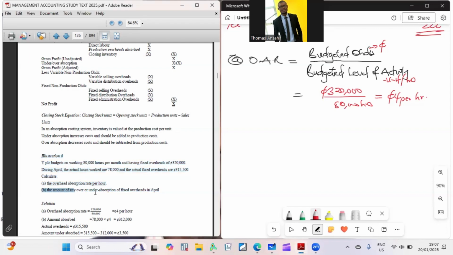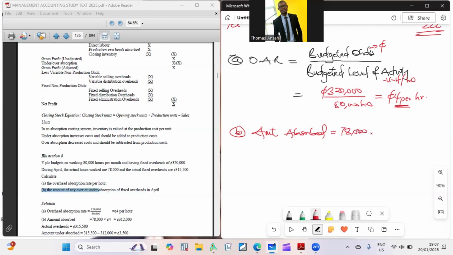Now, it says, what is the amount of any over or under absorption? This is the overhead absorption rate, so you multiply it by the actual hours that were worked. That will be the amount absorbed into the units we produce or the hours that we use.